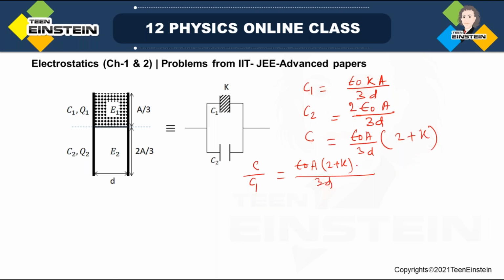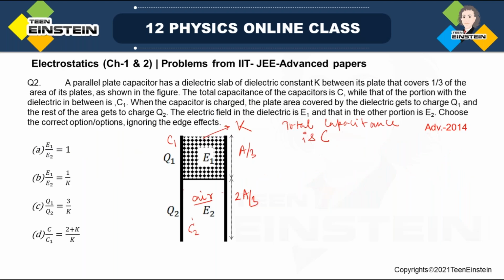C1 is this, so 3D will go up, divided by epsilon 0 KA. So this will be cancelled from both numerator and denominator. So you'll get 2 plus K by K. So this is actually the correct answer.